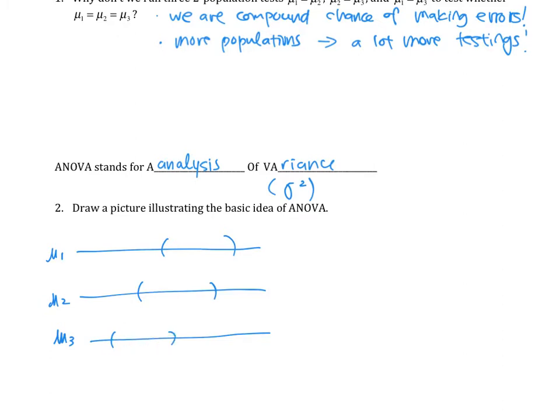There's a little bit of area where it could be mu1, mu2, or mu3. So there's a slight chance that they all could have the same mean, because the 3 confidence intervals overlap.